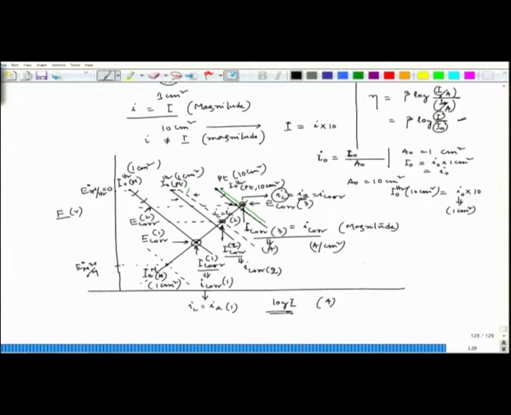So, why does the corrosion rate of the active component increase if we increase the area of the noble component? That can be explained with the help of the Evans diagram.